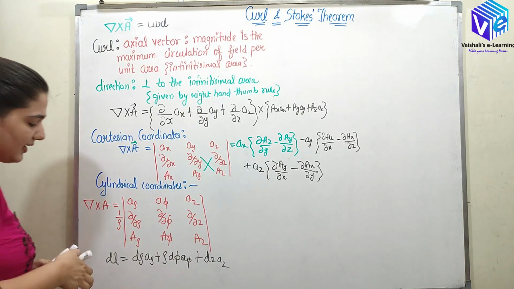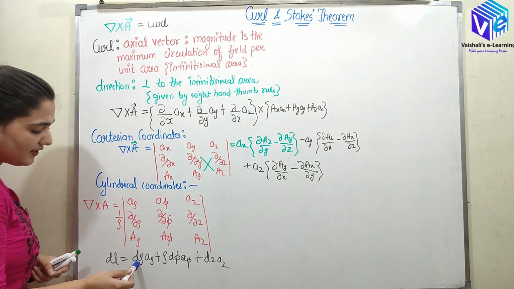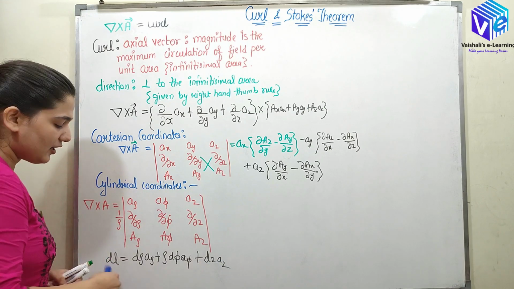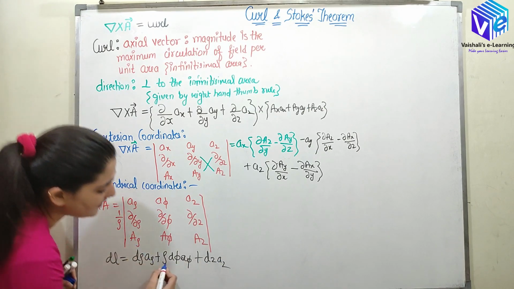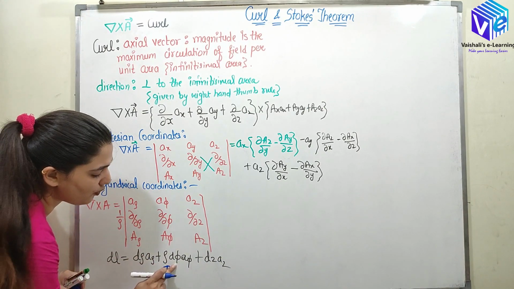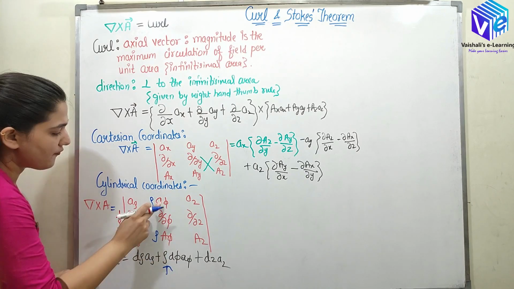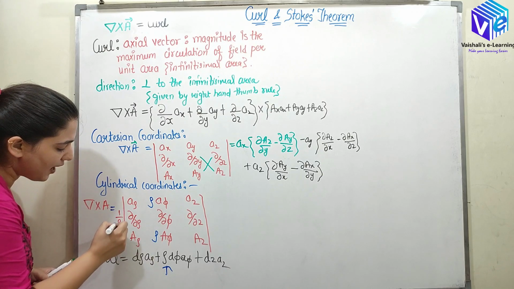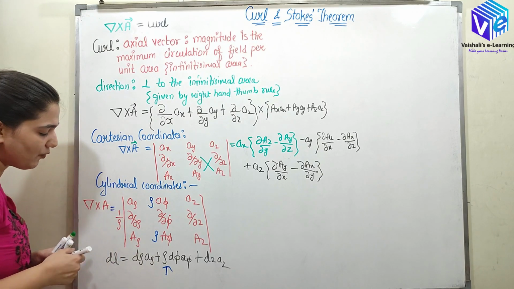So differential length was represented as d rho a rho plus rho d phi a phi plus dz az. So this was the differential element, and we had the multiplication of rho with the a phi. I have multiplied the rho and outside I have divided by 1 upon rho.